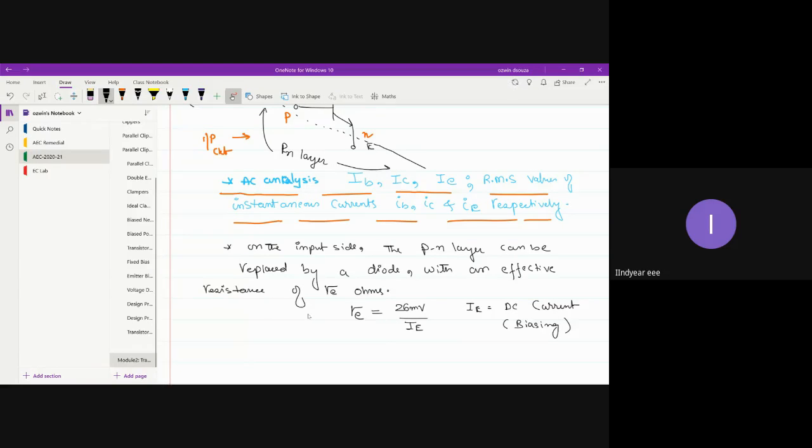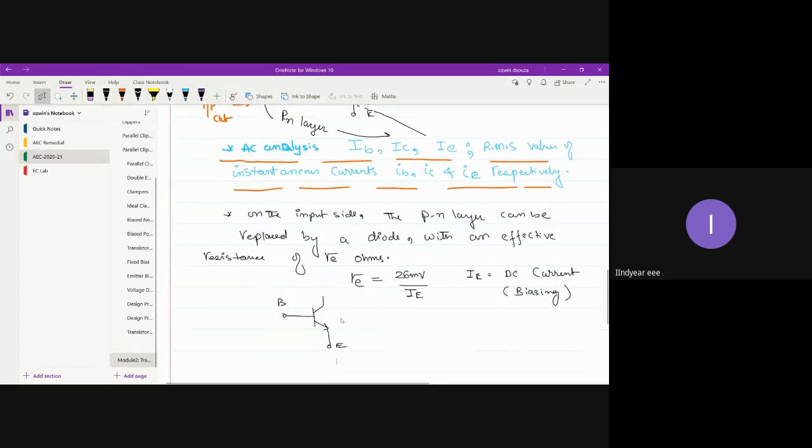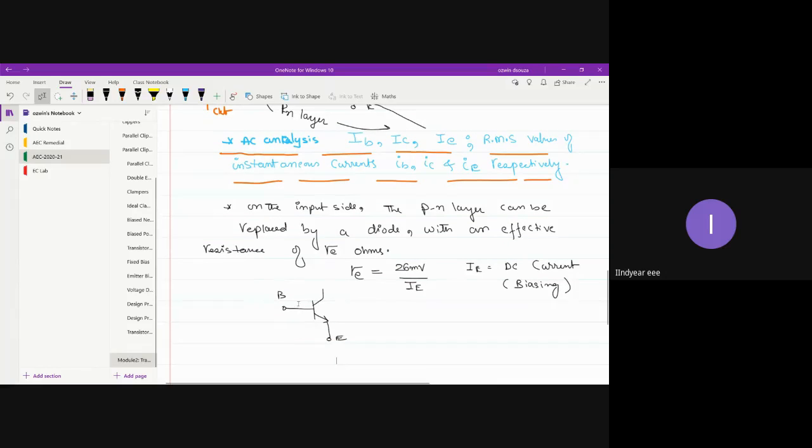So what you have to do in your equivalent circuit is this: this is your base layer, and this is your emitter layer. I'm not marking the collector terminal, because I want to show how I am going to replace the base and emitter terminals with the equivalent circuit.